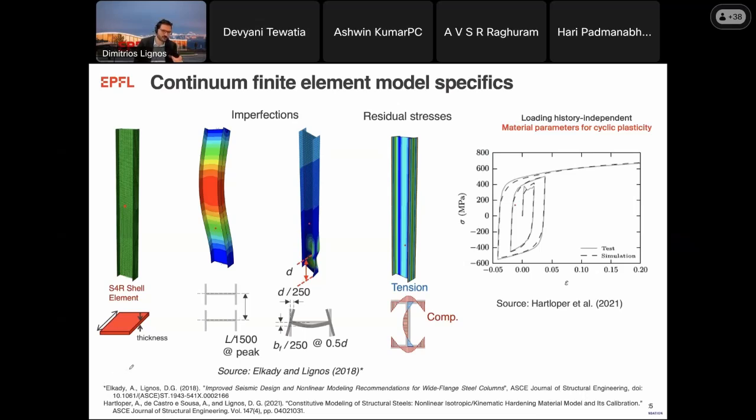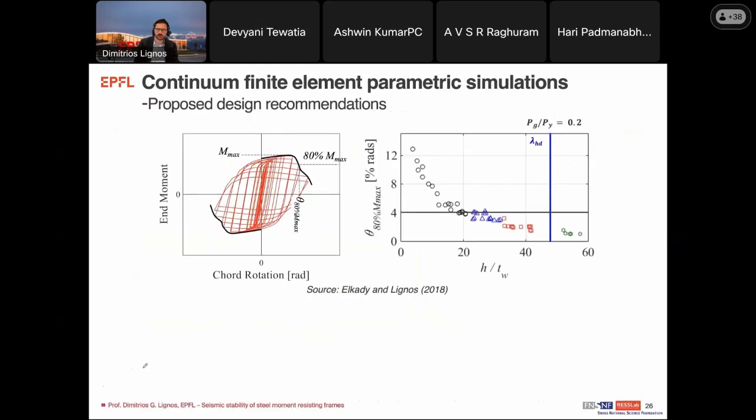But with some of these models, we were able to study columns in more detail and propose what we call design recommendations, where we can prevent some of these problems I showed earlier. Here you see an example where we try to identify the corresponding rotation, based on simulation, at which the column is not going to lose more than 20% of its peak resistance.